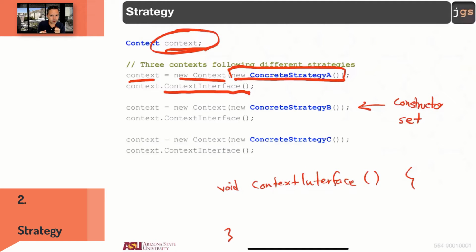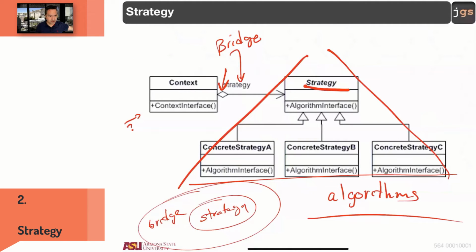What that method is going to do is call a particular method that is in the object that is the global variable in this class, and that is the data type from this parent.